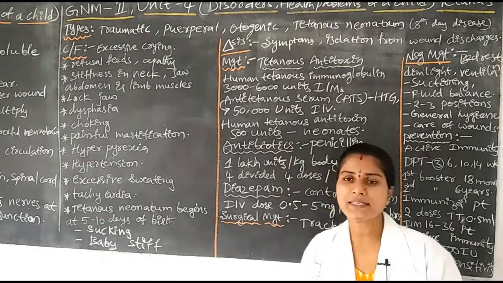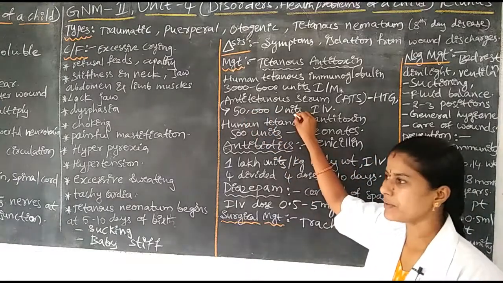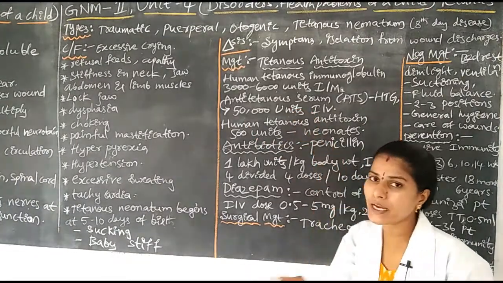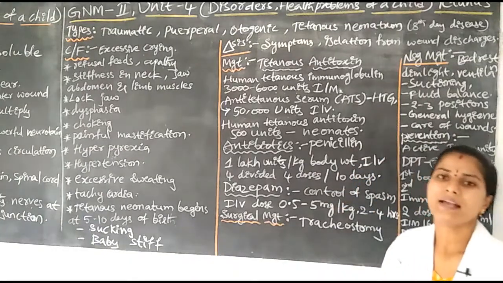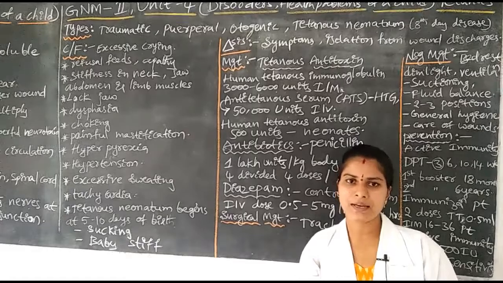The dosage is 50,000 units. The ATS should be administered only via the intravenous route, and should not be administered intramuscularly.